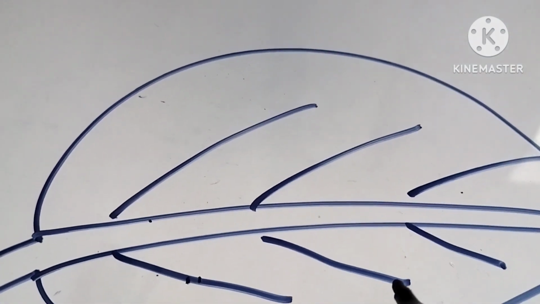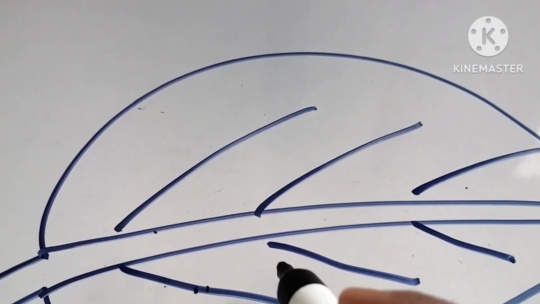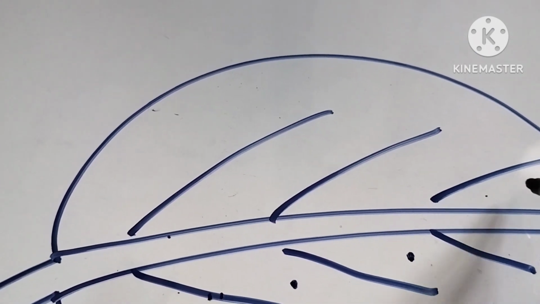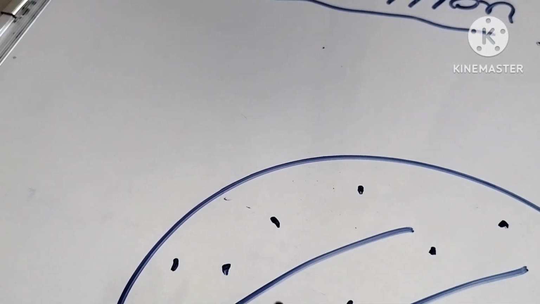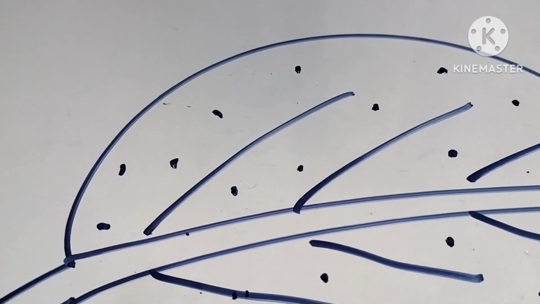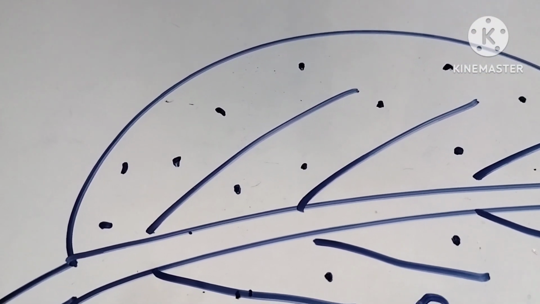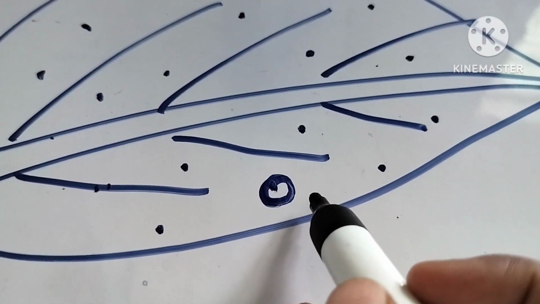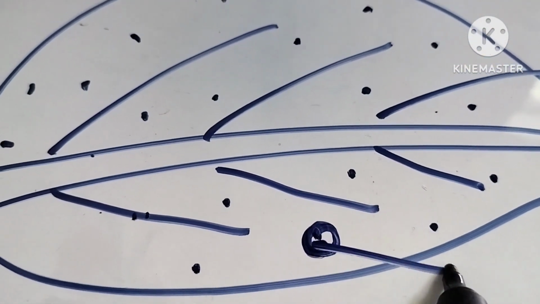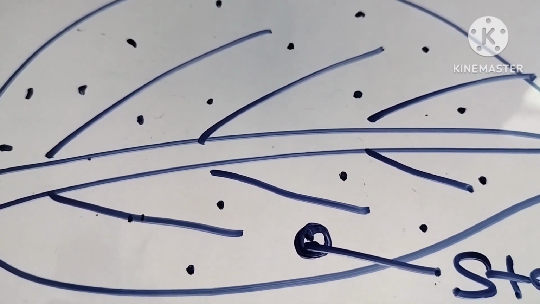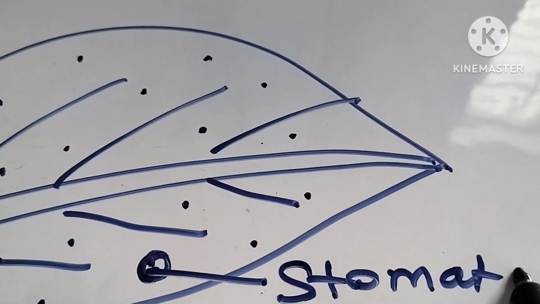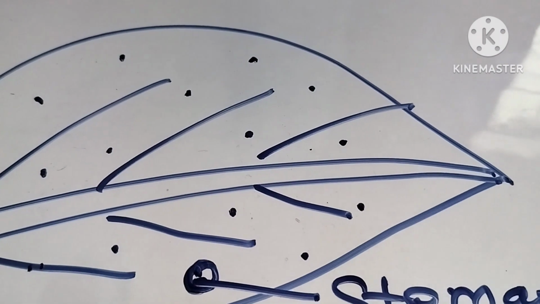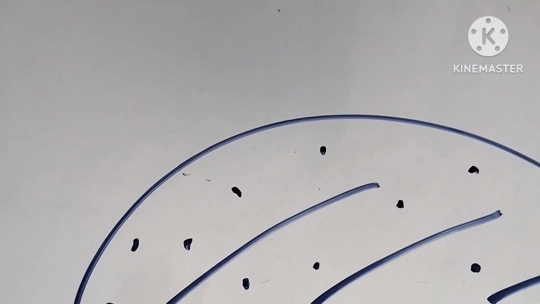At the lower side of the leaf, there are small teeny pores, and these pores are known as the stomata. What is the use of these stomata? These stomata absorb air from the surroundings, and this is the vein.